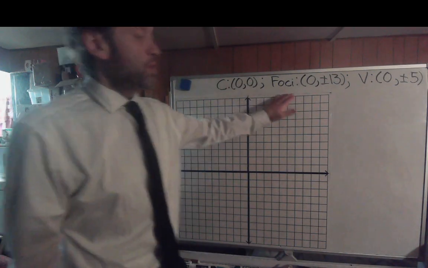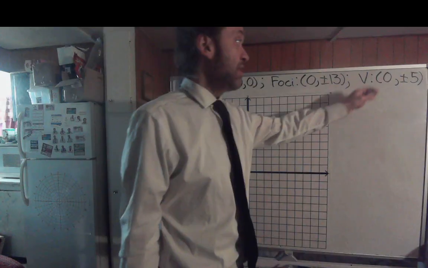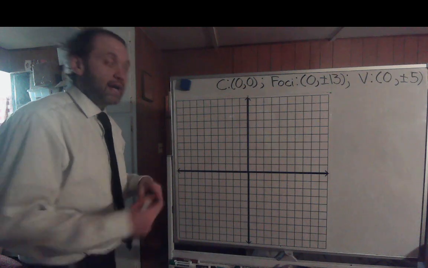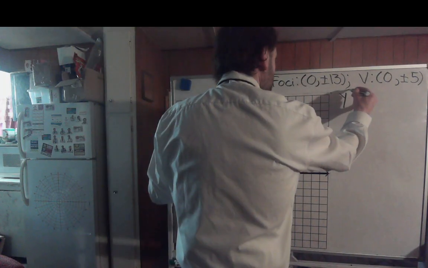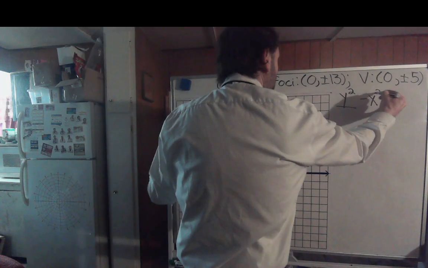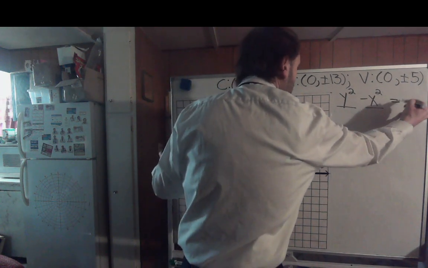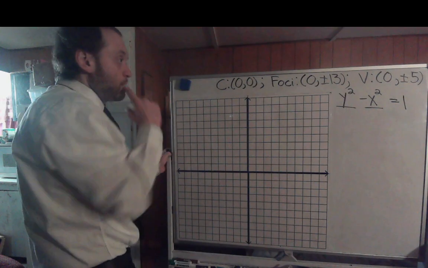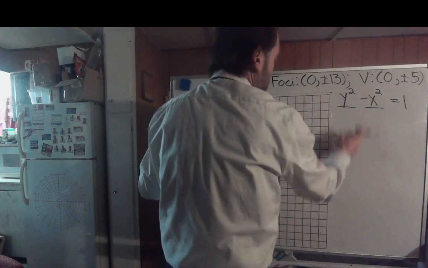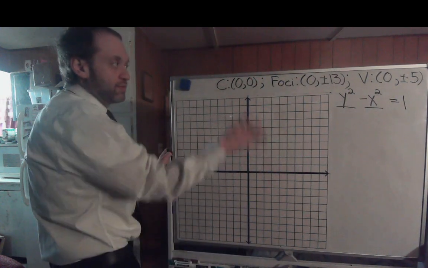Well, both your foci and your vertices have y-coordinates where your x-coordinate's 0, so that means your y-axis is your major axis. So you're going to have y squared over some number minus x squared over some number equal to 1. Because the center is at 0, 0, it's literally y minus 0 squared and x minus 0 squared, giving you that.